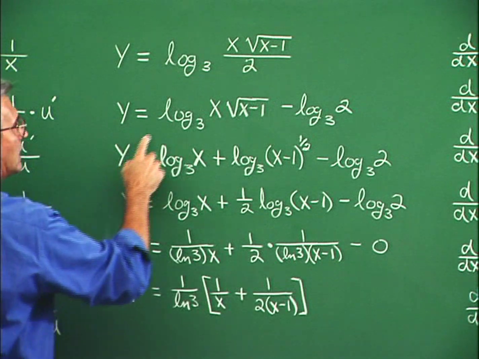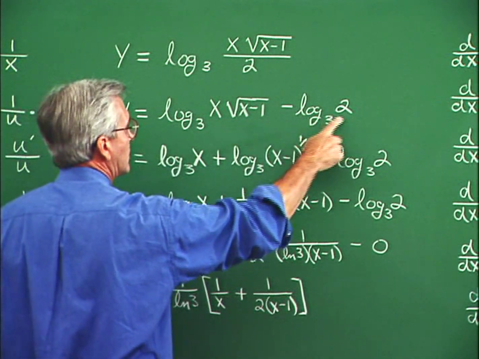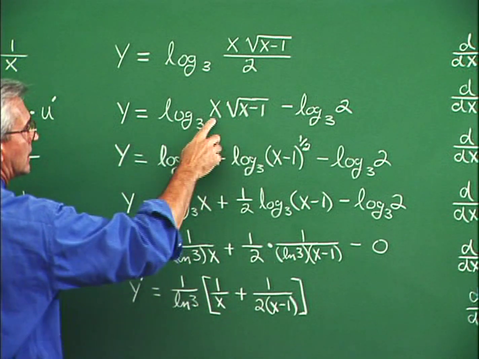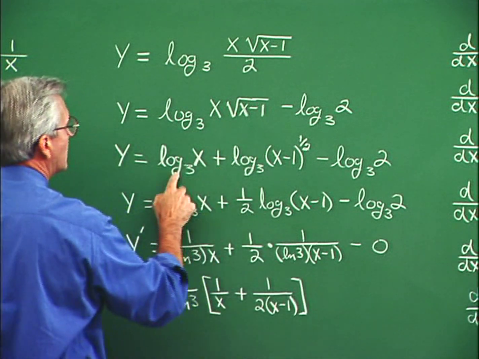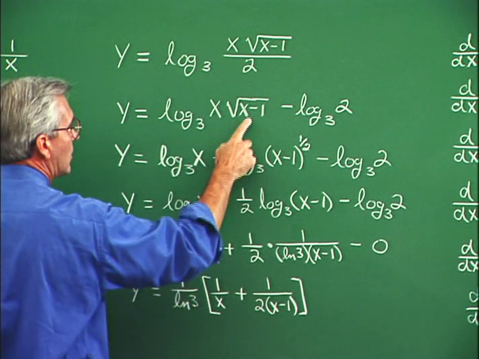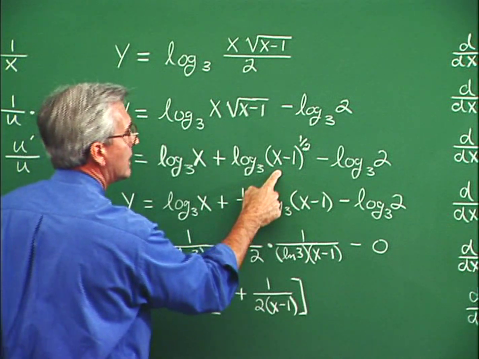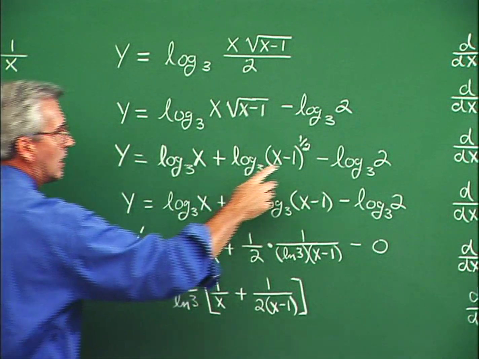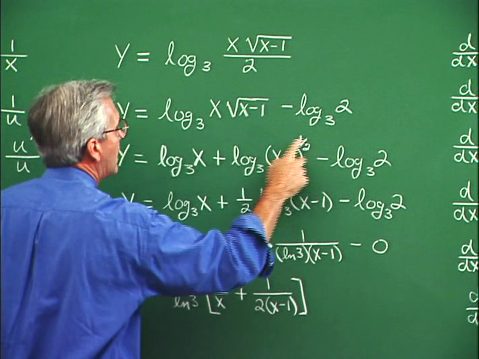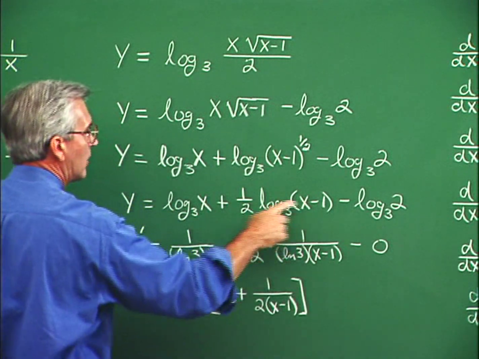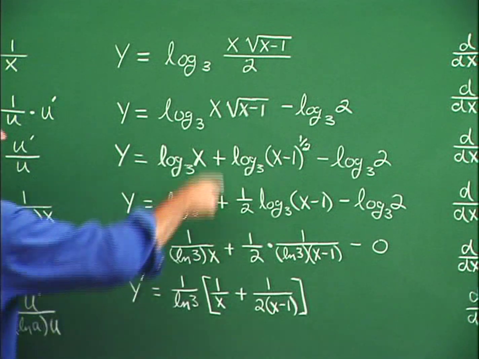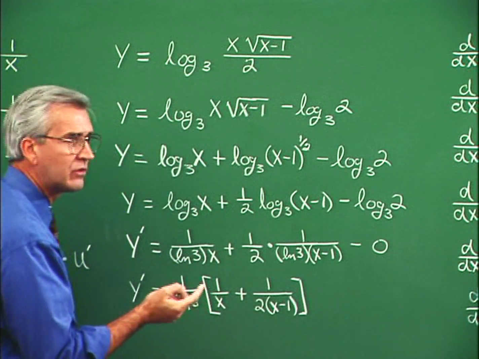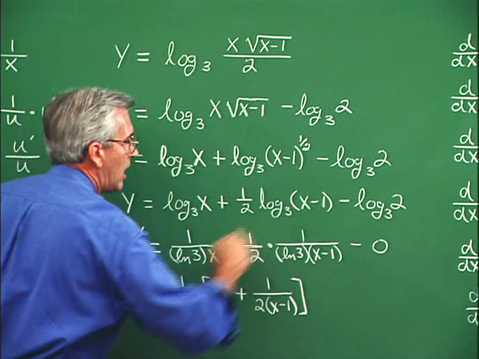So it's the log of the numerator minus the log of the denominator, but this numerator is a product, so it's the log of one factor plus the log of the other factor, and then minus the log base 3 of 2. And by the power rule, the 1/2 can become the coefficient of the logarithm here. Now all of this could possibly be done in one step if you understand the properties of logarithms.